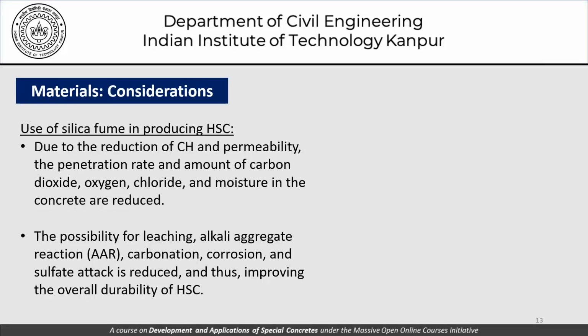But having said that, it's also important to keep in mind that when we are using large amounts of mineral admixtures, these react with the calcium hydroxide to give us calcium silicate hydrates.